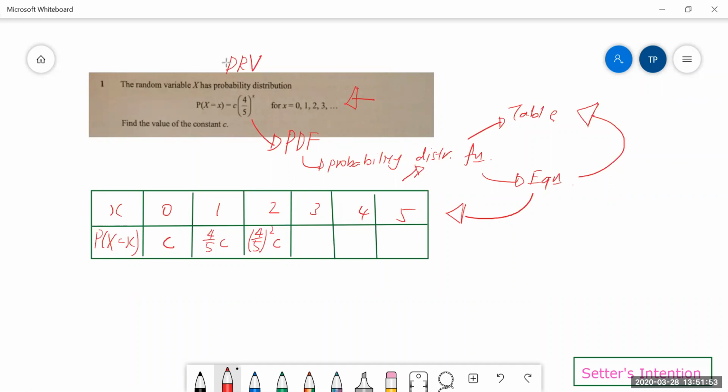So back to the setter's intention. When we look at this question, what do you think the setter wants to test us on? Given what we have gone through just now. What's the intention of the setter here? What does he want? Make us lose marks. Exactly, correct. Yes, he wants to make us lose marks.